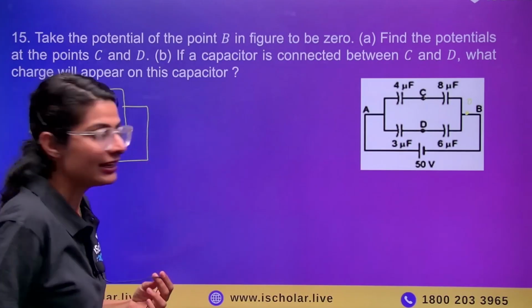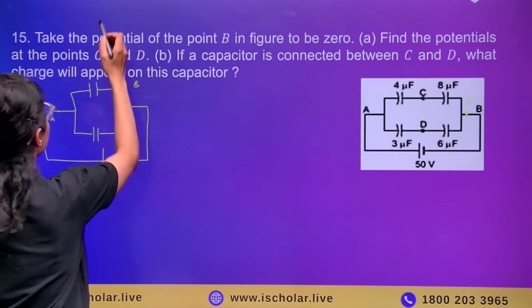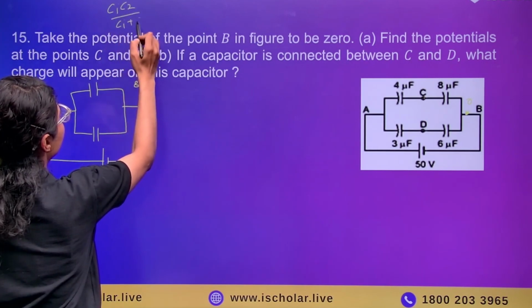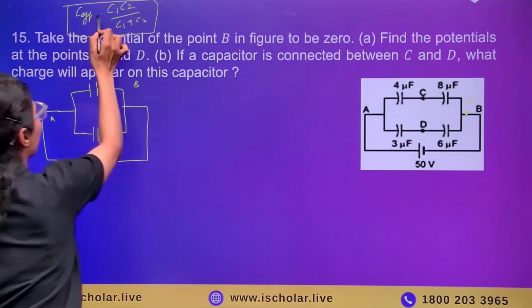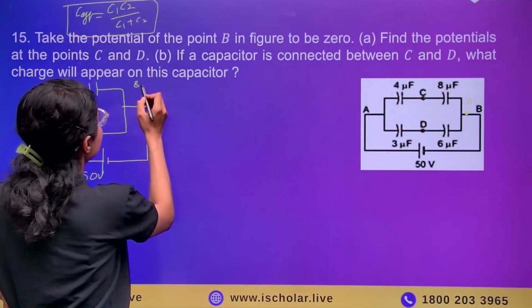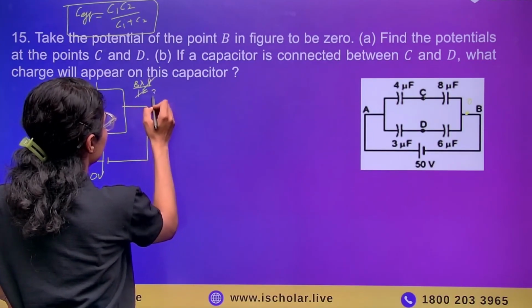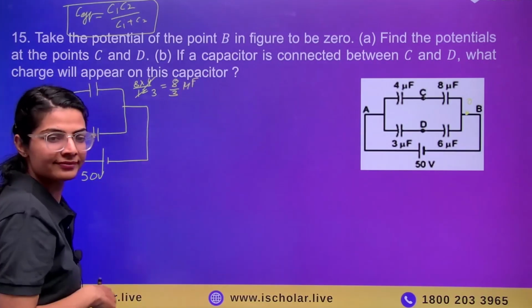So collectively, what can I write? Since they are in series, I'm writing C1 C2 divided by C1 plus C2. This will be the effective value because of these two capacitances. So it will become 8 into 4 divided by 12, which will become 8 by 3 microfarad.